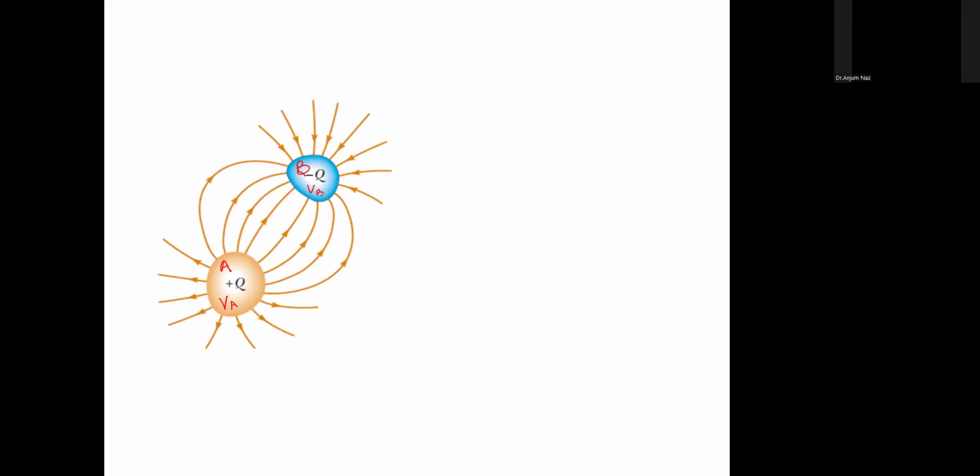And we know that these conductors having charges create an electric field around them, and the potential difference VB minus VA is the negative of the line integral of the electric field between any points on these two conductors, and these conductors are called the plates of the capacitor.